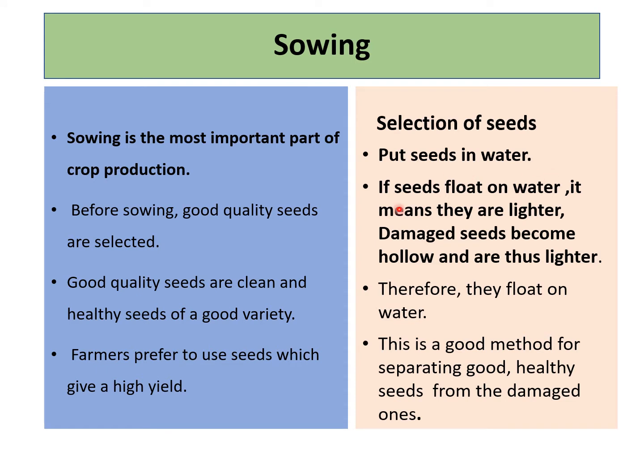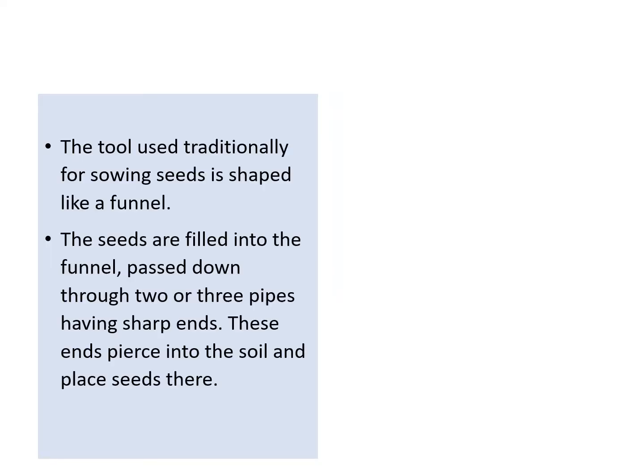If the seeds float on the water, it means they are lighter. The damaged seeds are hollow and thus lighter as compared to the healthy seeds. Healthy seeds will settle down and the damaged seeds will float on the water. So with this activity we can select our healthy seeds. This is a good method for separating healthy seeds from the damaged ones.